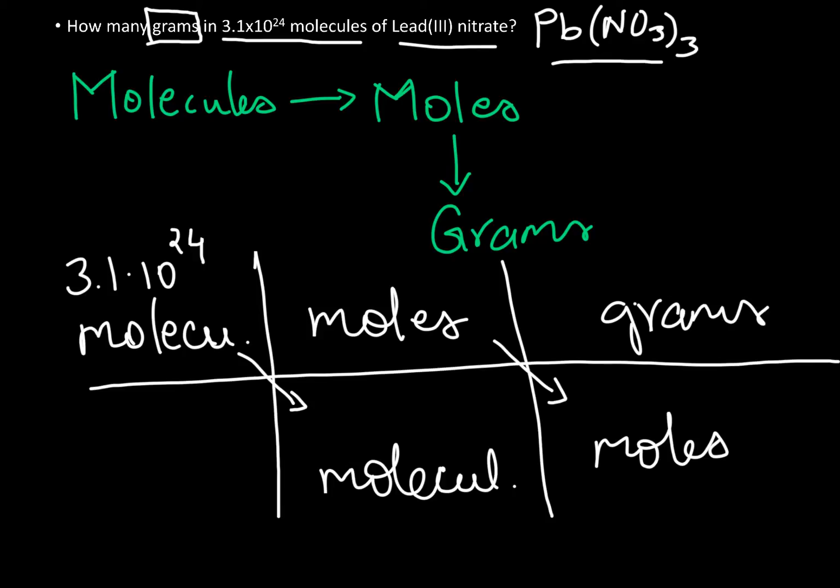Next, I start filling the numbers in. So I know moles is bigger than molecules, so I put 1 for the moles. And I know that moles is bigger than grams, so I put 1 for the moles again. And I know that 1 mole is 6.02 times 10 to the 23rd. And then 1 mole would be equal to the molar mass of this chemical.